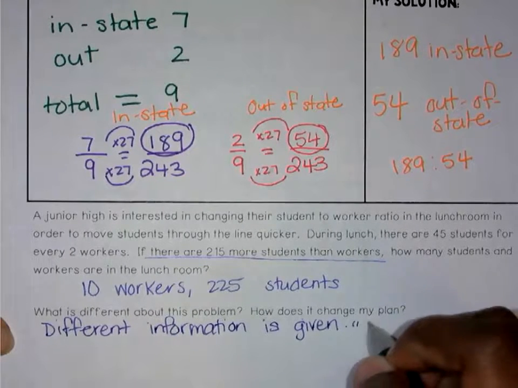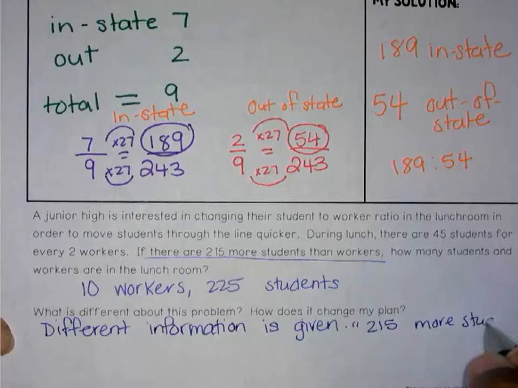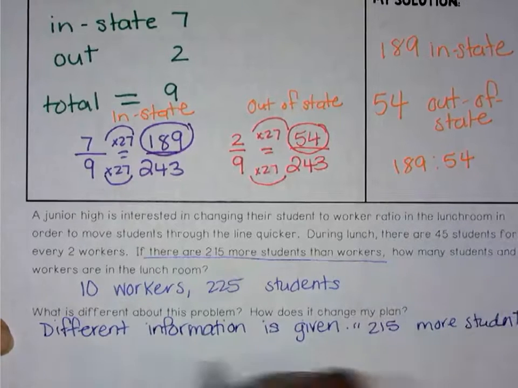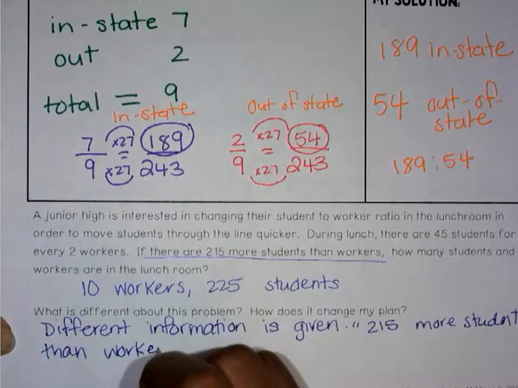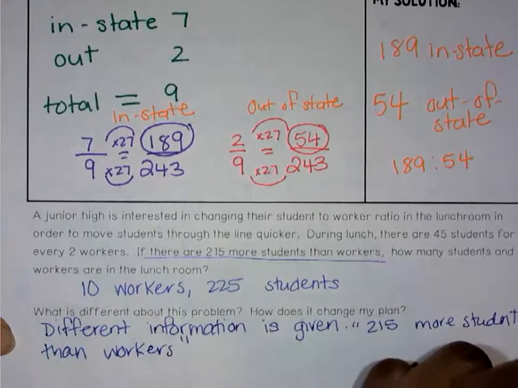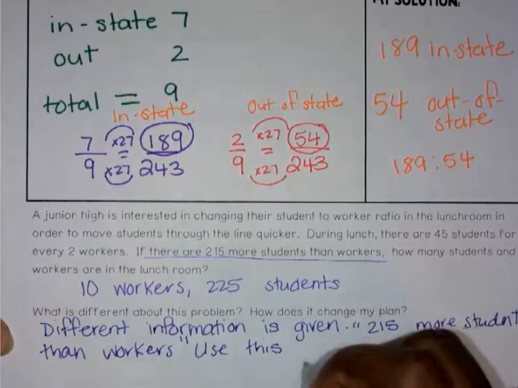That whole part where it says 215 more students than workers, because we didn't know how many workers there were. So you use this information to figure out the number of workers.